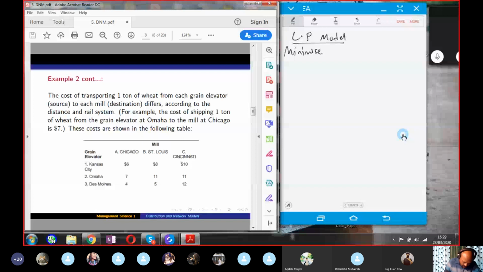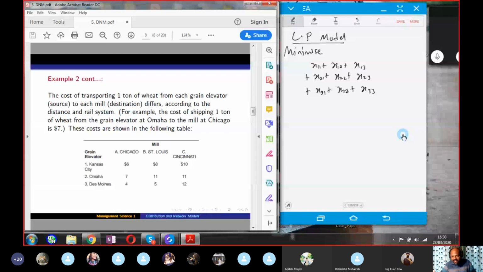So x11, x12, x13, plus x21, x22, x23, plus x31, x32, x33. These are the quantities, as we did in the previous question.